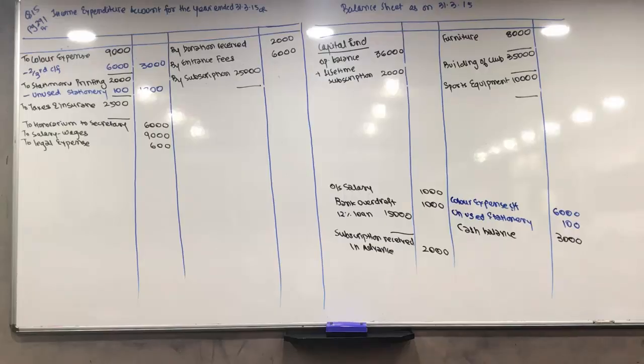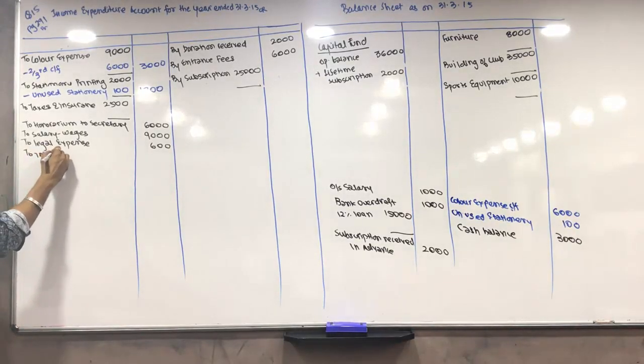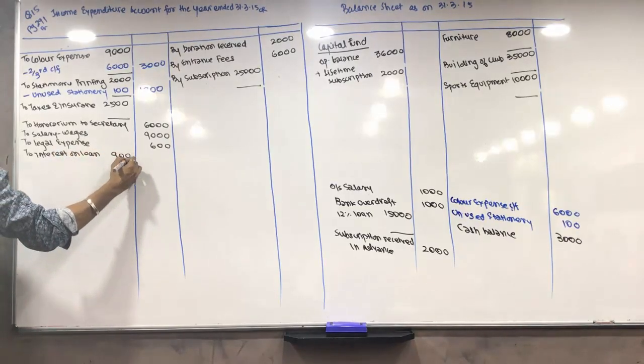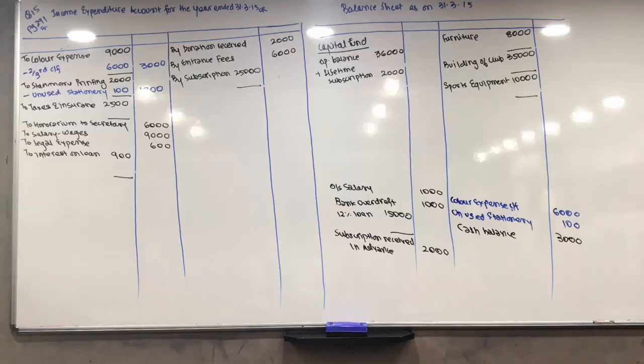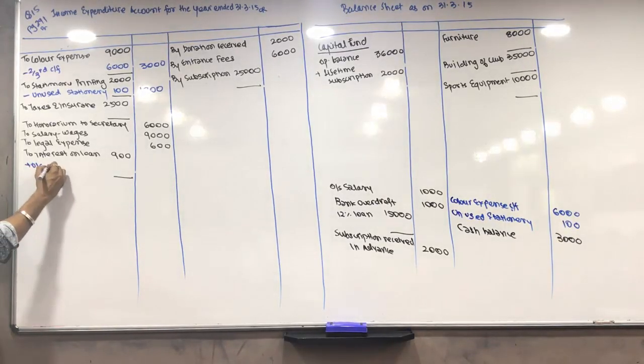Interest on loan, inner column, to interest on loan 900. Now how much interest should we pay? 1,800, 15,000 at 12% for one full year. How much did we pay? Sir, 900, so 900 is outstanding.